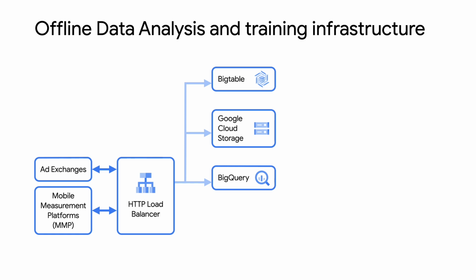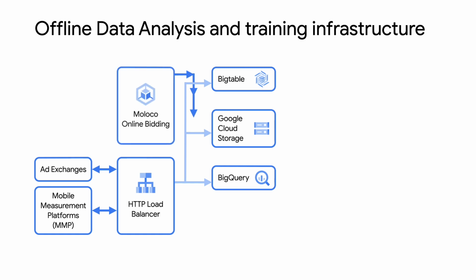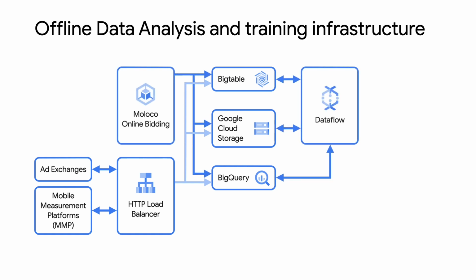For training, we created a huge number of Dataflow jobs so that we can read this data out and turn it into machine learning feature sets, which we then feed into our Kubeflow running on our VMs.